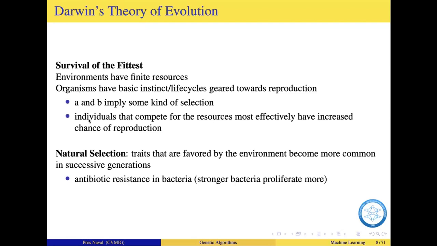And the second idea in the theory of evolution is that of natural selection. Here, the traits that are favored by the environment become more common in successive generations. So you have, for example, antibiotic resistance in bacteria.